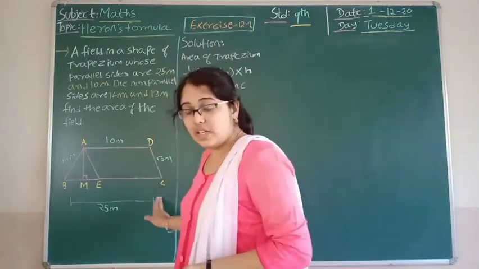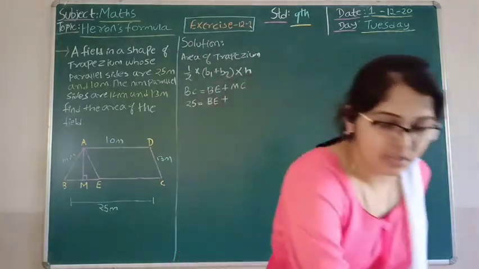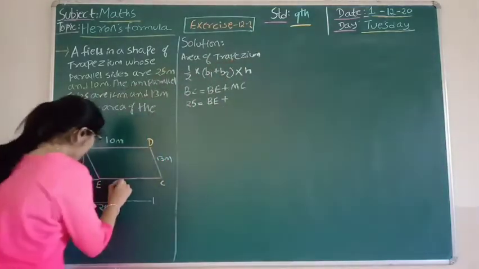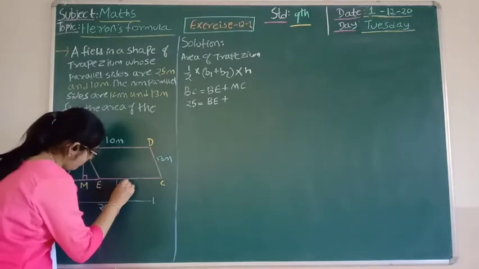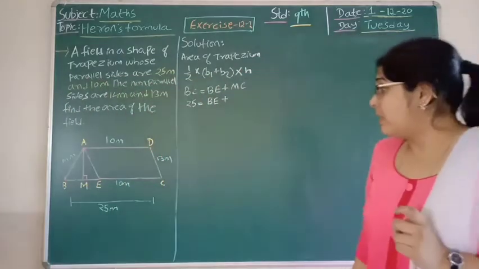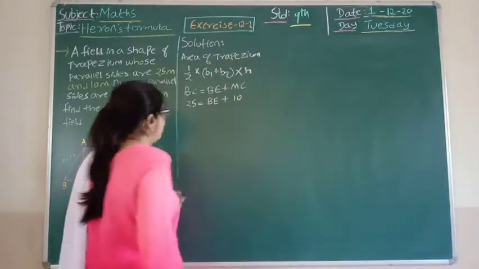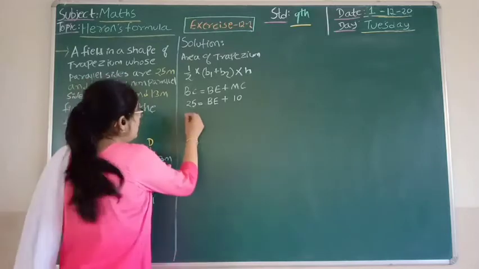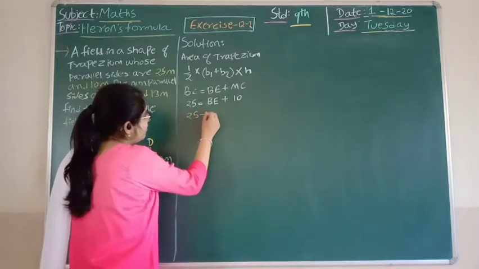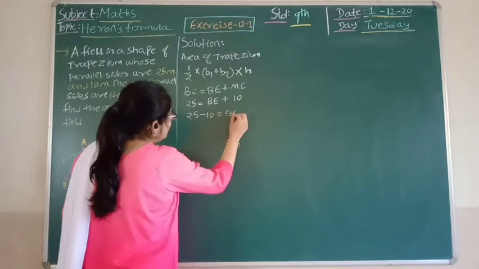So I write this as 10. To find BE, 25 minus 10 equals BE, and that is equal to 15.